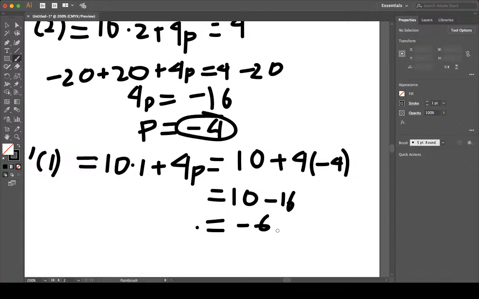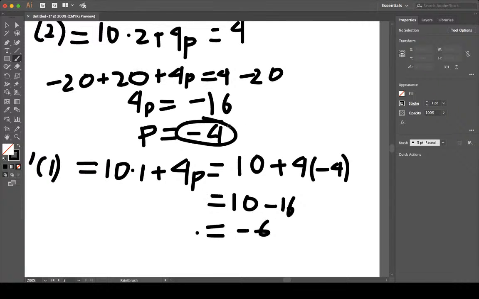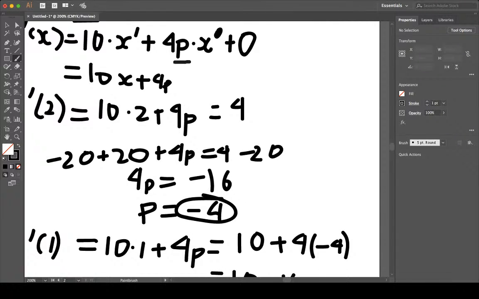So yes, you have found the way to solve this problem. What you normally do is try to find the constant, in this case p.